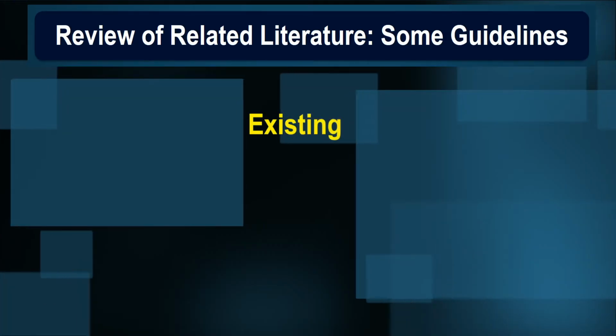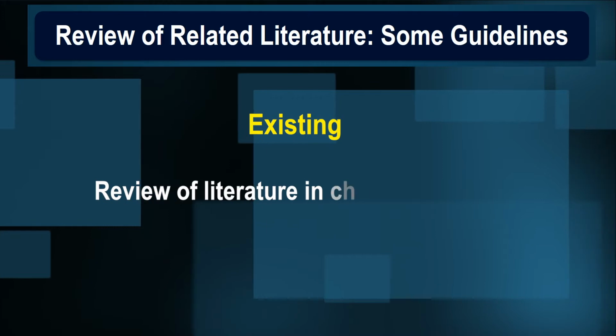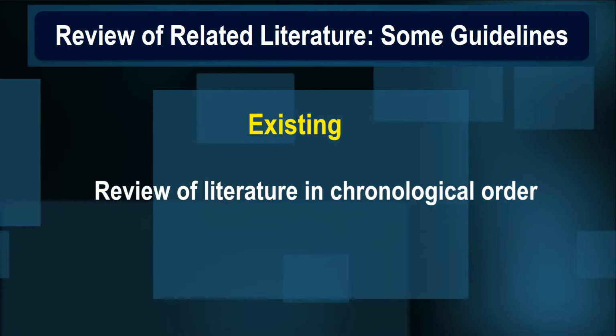One of the drawbacks observed is that most researchers report the findings and the synthesis of research in chronological order. Chronological representation of the previous work does not involve any synthesis.